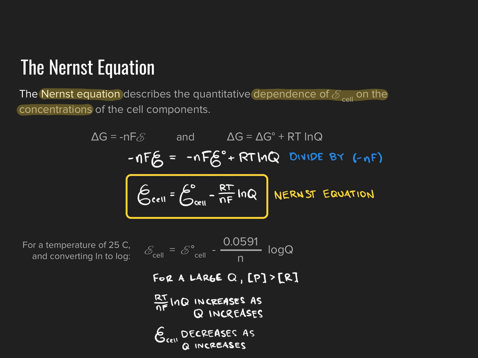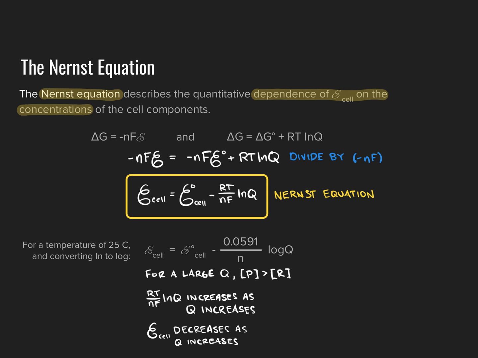Conversely, if we have a system with a very small value of Q, which is the ratio of products over reactants, that implies a relatively higher concentration of reactants. From the perspective of Le Chatelier's principle, we expect that would increase the favorability of the forward reaction and therefore increase the operating cell potential.